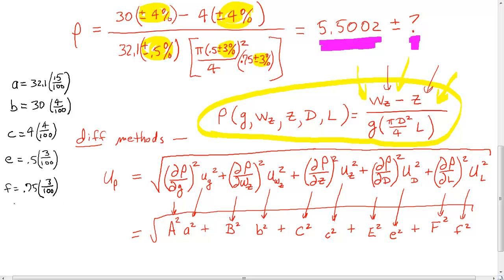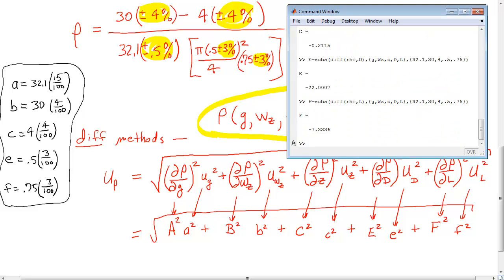And then I'm going to put these now in Matlab. Now I have them all written out so I can bring up the Matlab window and this at the same time and not get myself too confused. So with that, let me see if I can find my command window. There it is.